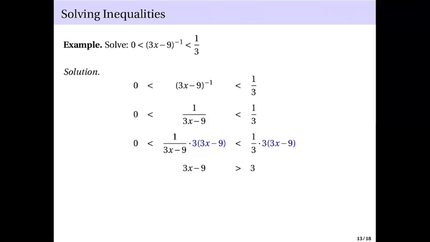And then from here, 3x minus 9 greater than 3. We simplify, we solve for x. So we put the 9 on the other side. Let's write the missing step here. We put the 9 on the other side. So we will have 3x greater than 3 plus 9. From minus, you put it on the other side, it becomes plus. And therefore, you will have 3x greater than 12.